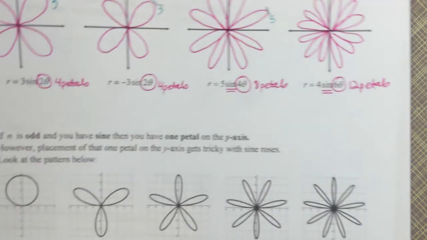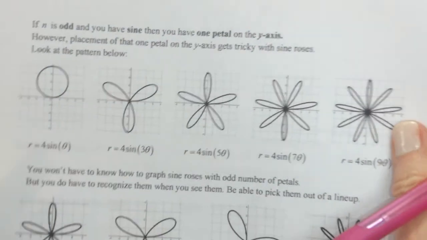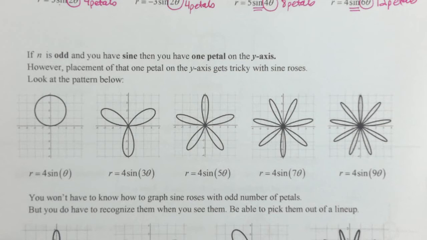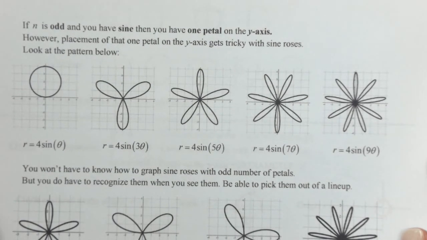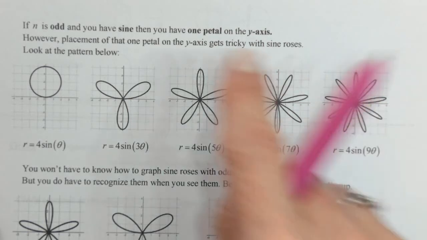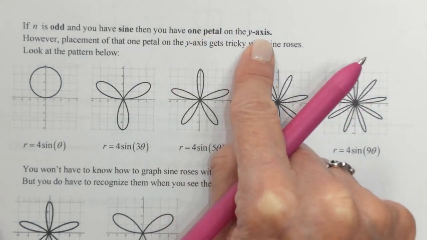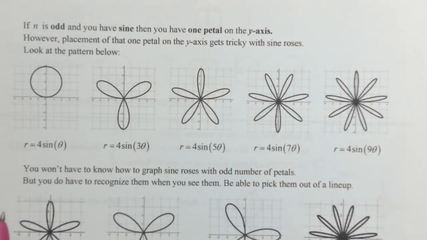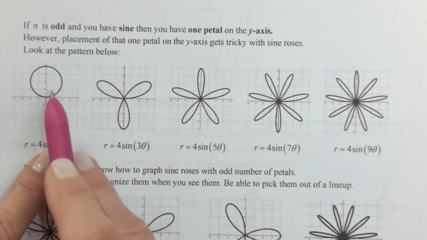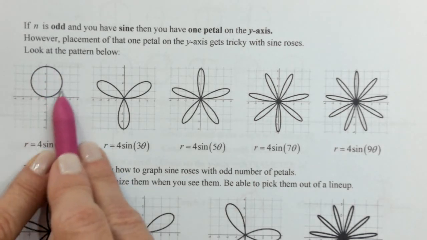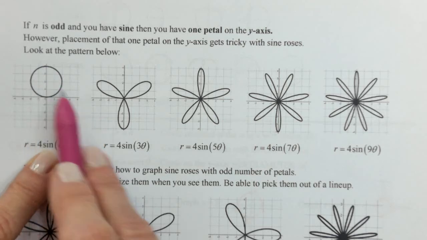Okay, what if that n is odd and you have a sine? Well, if n is odd and you have a sine, then yes, you do have 1 petal on the y-axis. However, placement of that 1 petal gets tricky with sine roses. Here's the pattern. If n is 1, you go up on the positive y-axis.